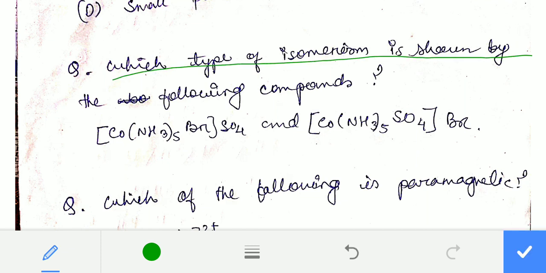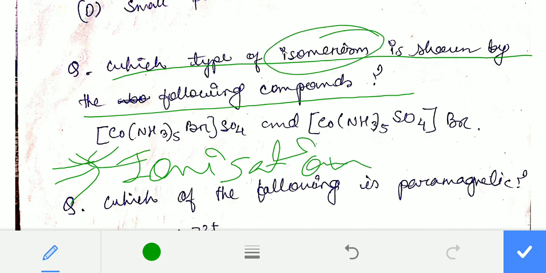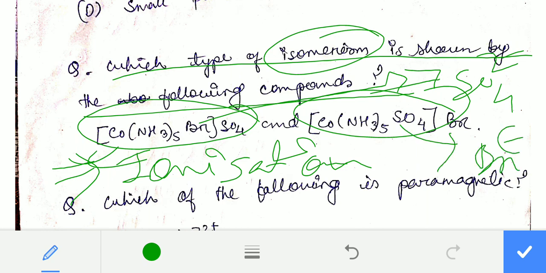Which type of isomerism is shown by the following compound? I have forgotten to write the options here, but let me tell you the answer. This is basically ionization isomerism, because if you ionize the first compound, you will get SO4 2-ion, and if you ionize the other compound, you will get Br- ion.